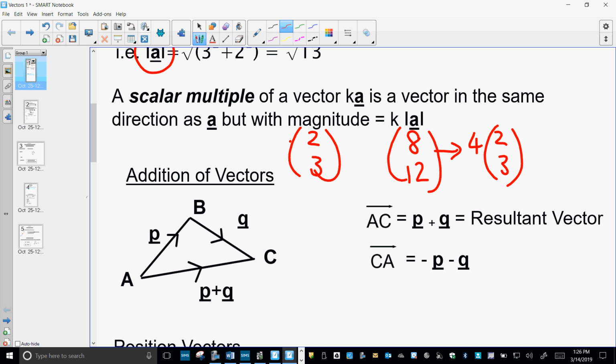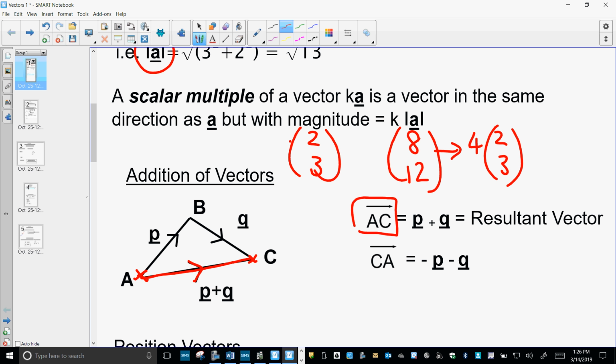Okay, so here they've said big A, big C. Now the arrow on the top tells us that they want us to start at big letter A and end up at big letter C. So if you see that kind of terminology, that's what that means. So we're starting here and ending up here. Now sometimes, whilst you can say, well, that's really easy, we just do that, sometimes we have to follow a different path.